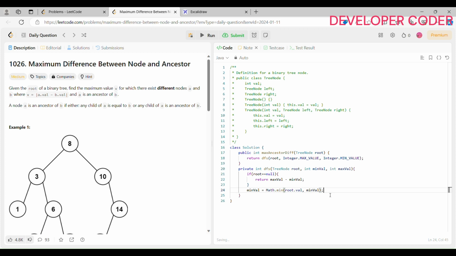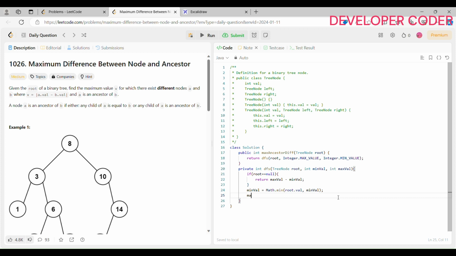Let's say this is the root. Then root.val is 8, and for min value we are passing the maximum value of integer, so the minimum value we will get is 8 only. That is why we are passing max value.